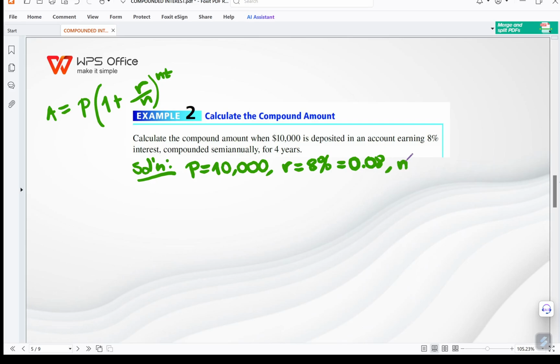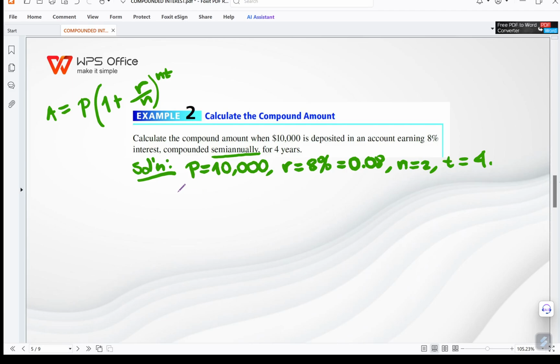Our N is how many times the rate is applied. Semi-annually means every half of the year, so we divide a year by 2. So our N is equal to 2, and our time is 4 years, so that is just 4.